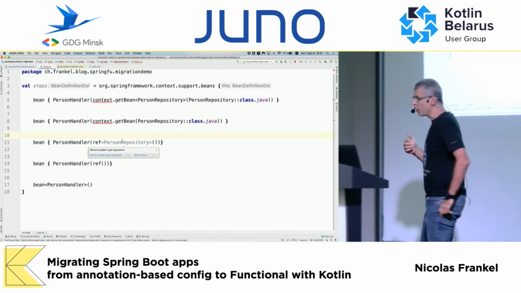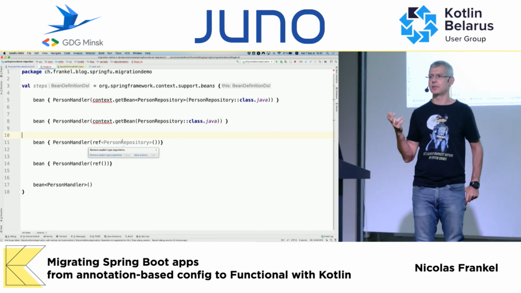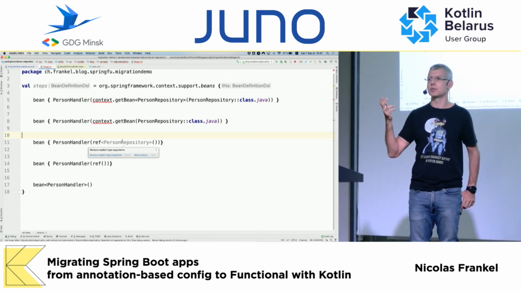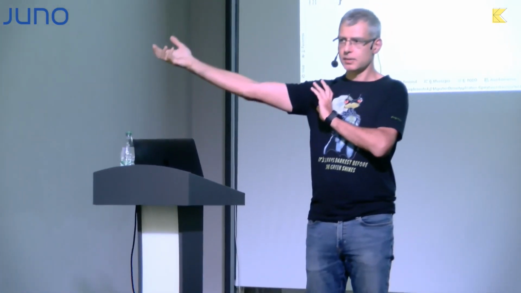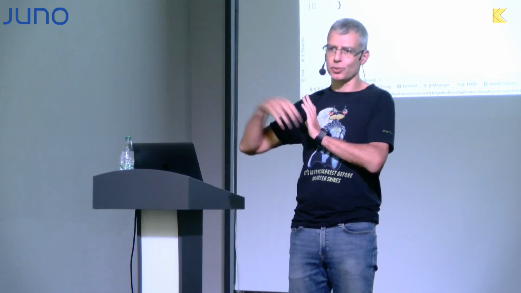Well, you might know there is a keyword called inline in Kotlin. Who knows about this keyword? A few people. Okay. Basically, inline, instead of calling the function, tells the compiler to copy-paste the function where it's called. And because you copy-paste it, and because you don't execute it, you don't call it at runtime, you know the type if you copy-paste it.